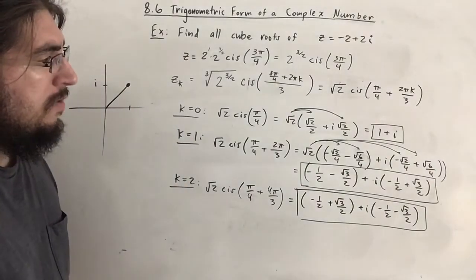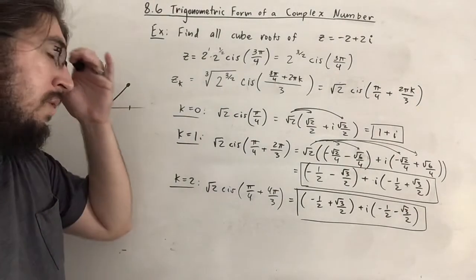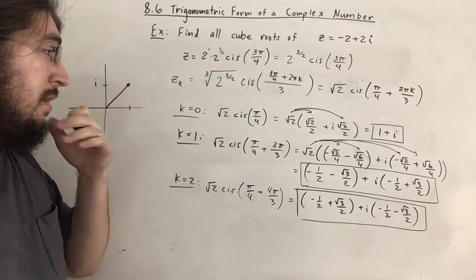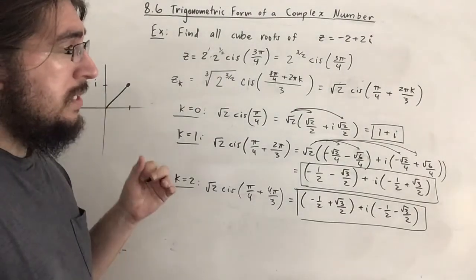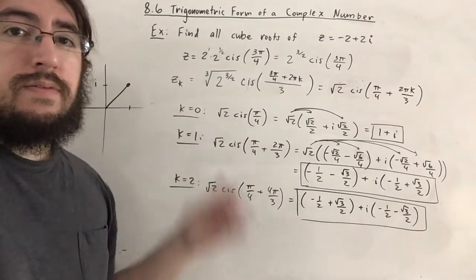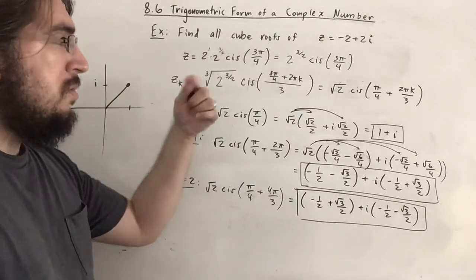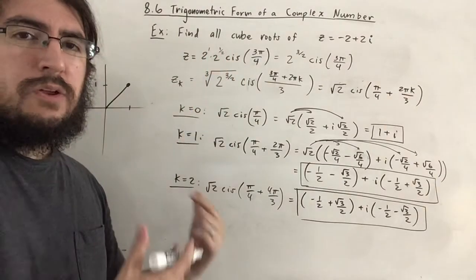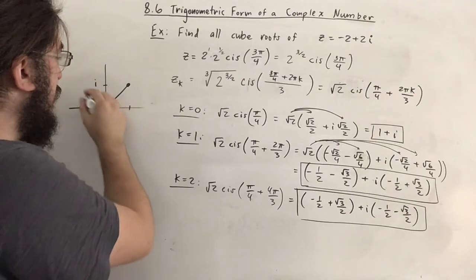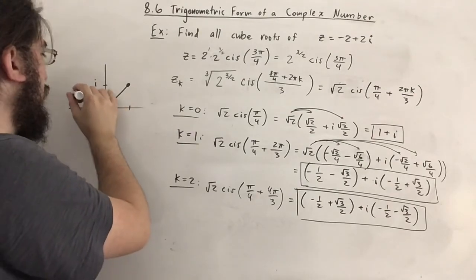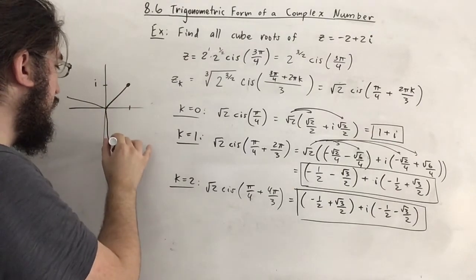And if you were to travel 120 degrees, which is 1/3 of 360, so one full rotation will be 360 degrees, but since we're taking the cube root, we're basically cutting that into thirds. So if you travel 120 degrees from here, you get to a point about over here, and then another one about over here.